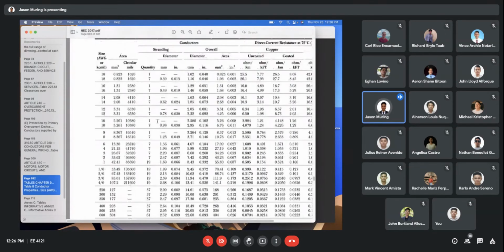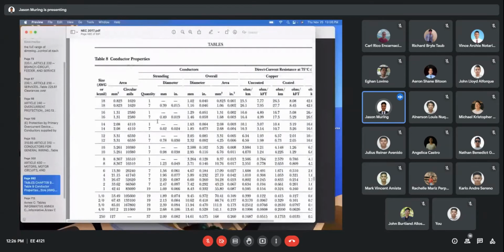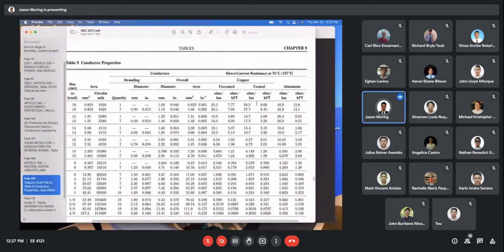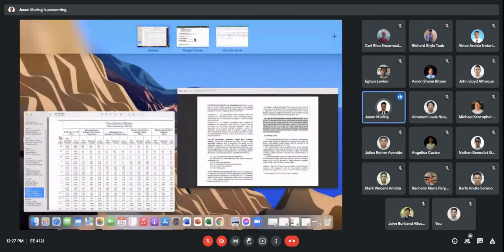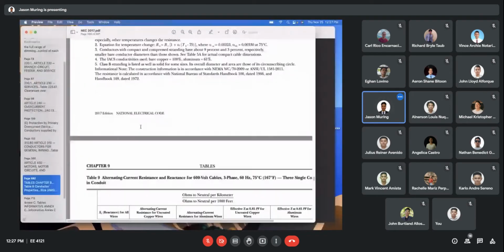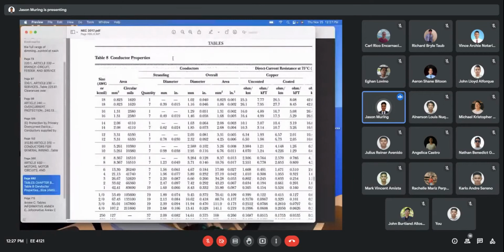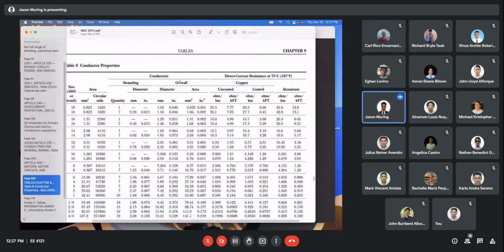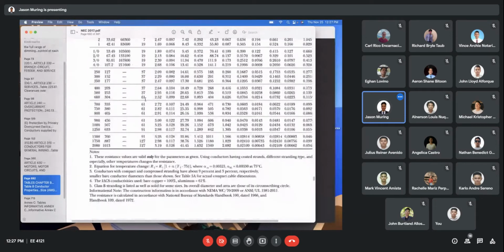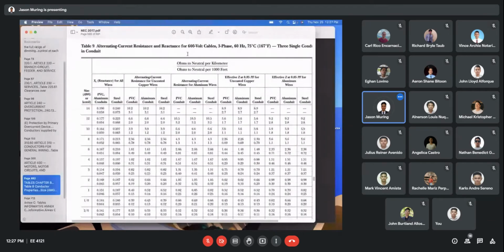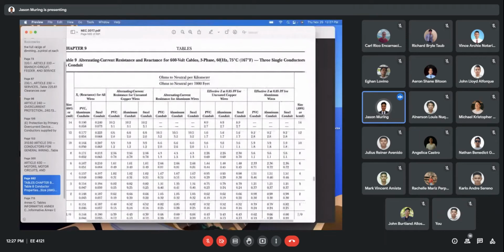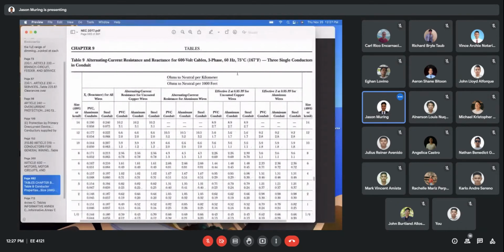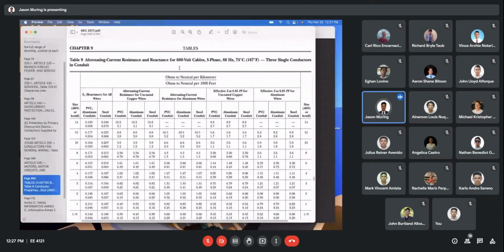So we look up table 8. Actually, this is wrong, because this is for direct current. It's good I said it, because it should be in chapter 9. Table 8 is for direct current, so it's only for DC calculation, and table 9 is for AC. Take note that this can also be used for three-phase as long as you are considering only the single conductors.